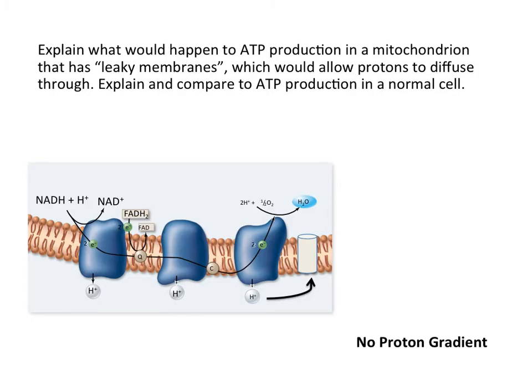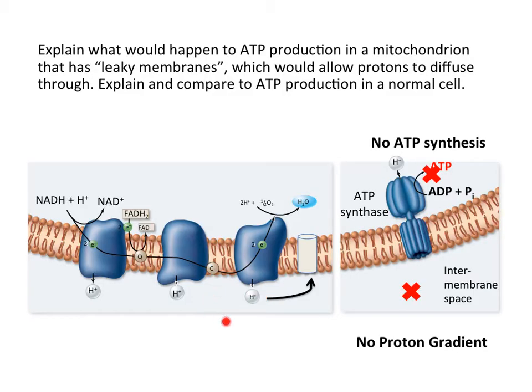If you have a leaky membrane, that is a membrane that has some sort of pore through which protons can escape, and if you think that the whole purpose of the electron transport chain is to use the energy in those electrons to create a proton gradient, having pores through which those protons can escape means that the gradient will disappear.